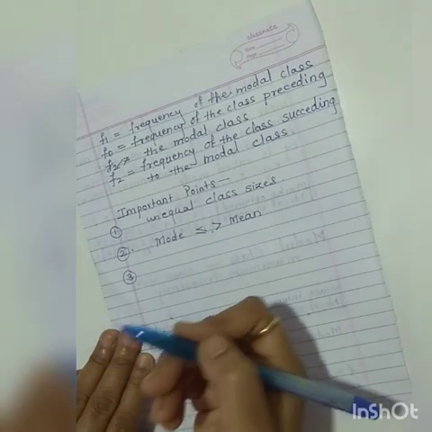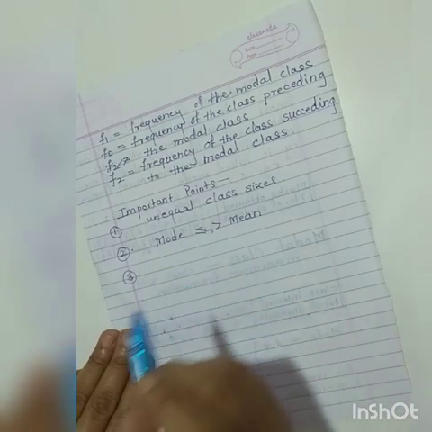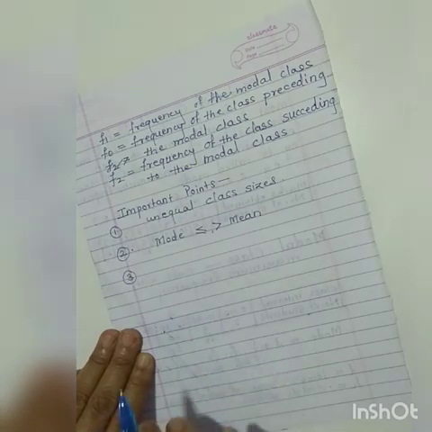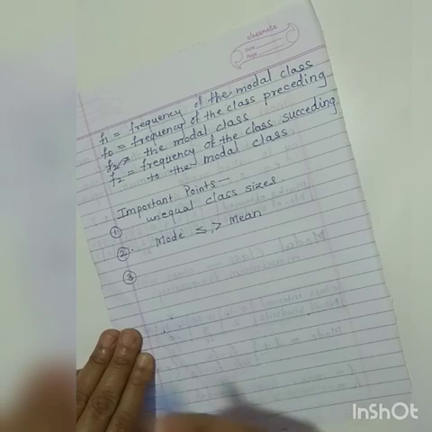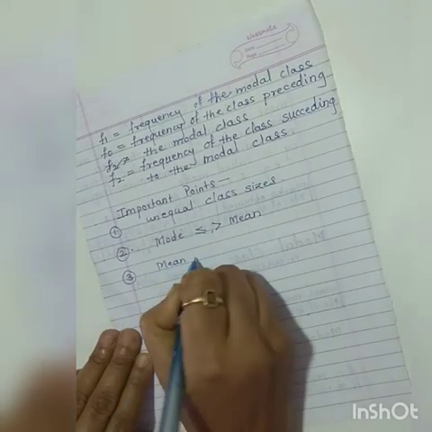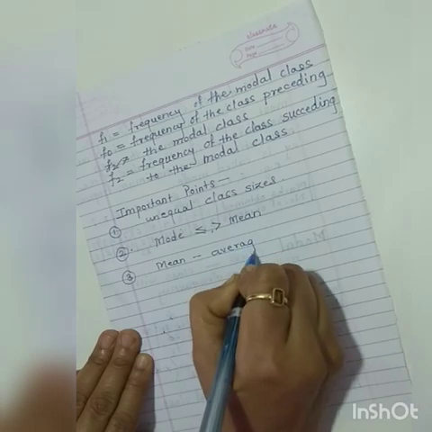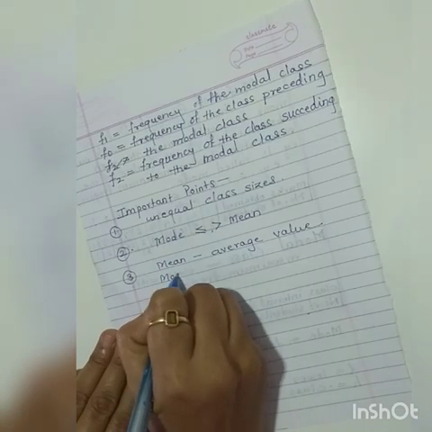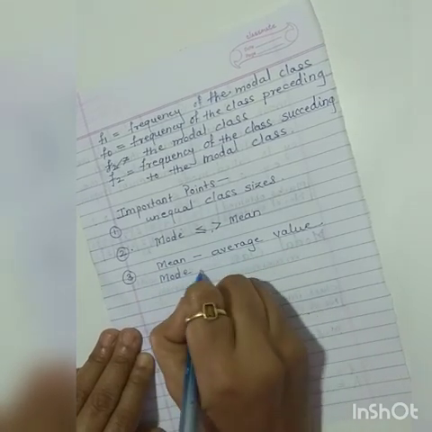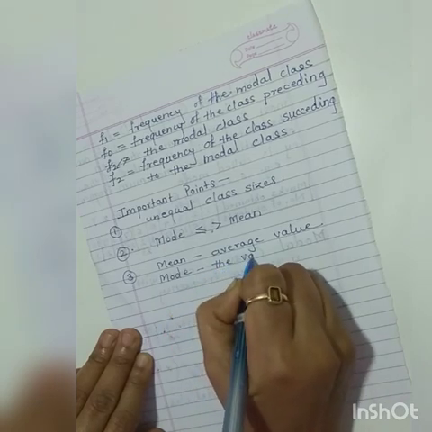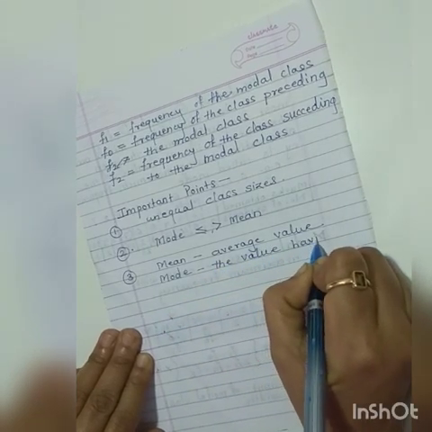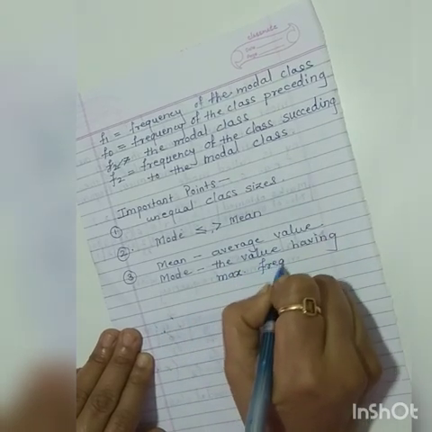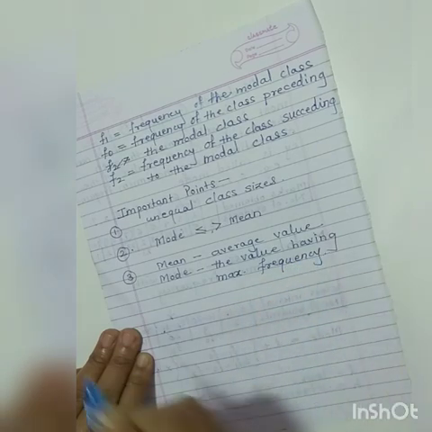Mean is used to find the average value of the data, and mode is used to find the value having the maximum frequency.